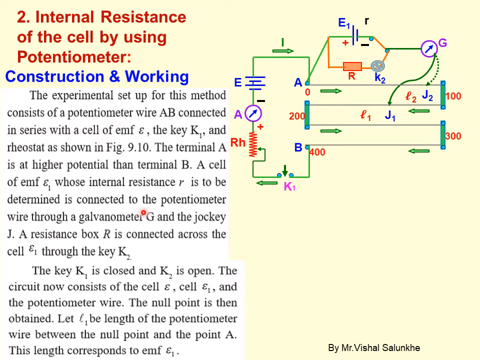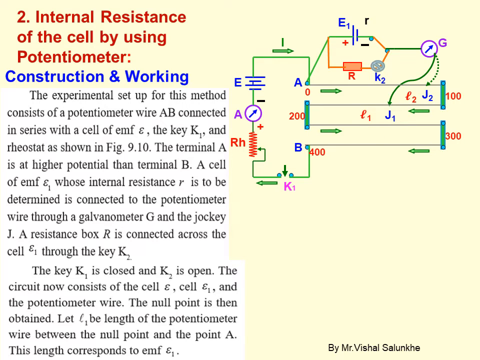I will tell you later on. Now next, a resistance box R is connected across the cell E1 with key K2, means this resistance box has to be connected across, means parallel to this cell E1, with key K2. So in total we are going to use two keys here. This is the first key K1 and this is the second key K2.